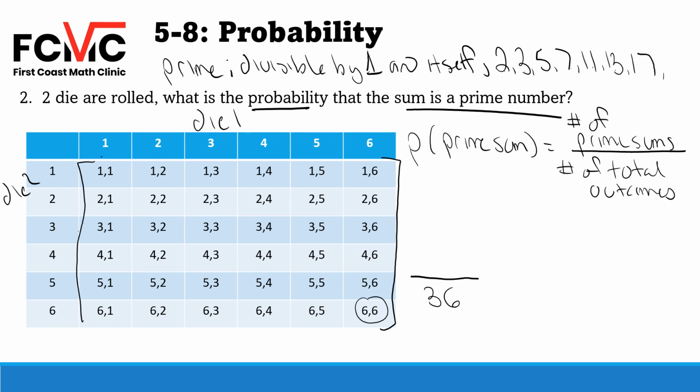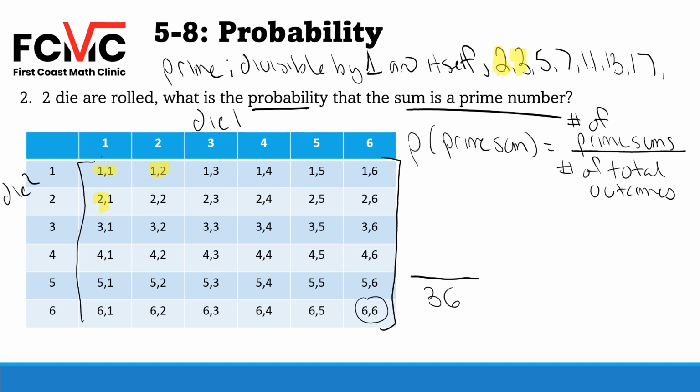Well, how many prime sums do we have? Let's go through and figure out what combinations are going to add up to 2, 3, 5, 7, 11, 13, or 17. Let's start with 2 first. 1 and 1 gives us 2, and nothing else is going to give us 2. Let's try 3. We could do 1 and 2, and 2 and 1.